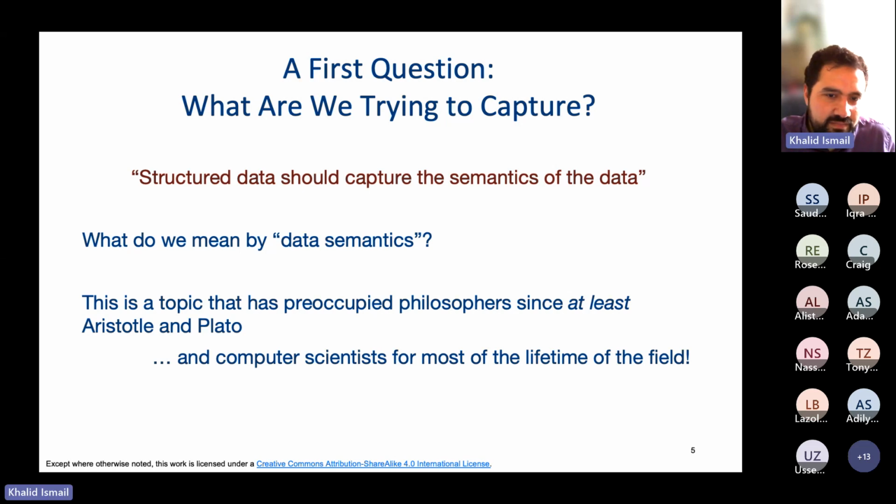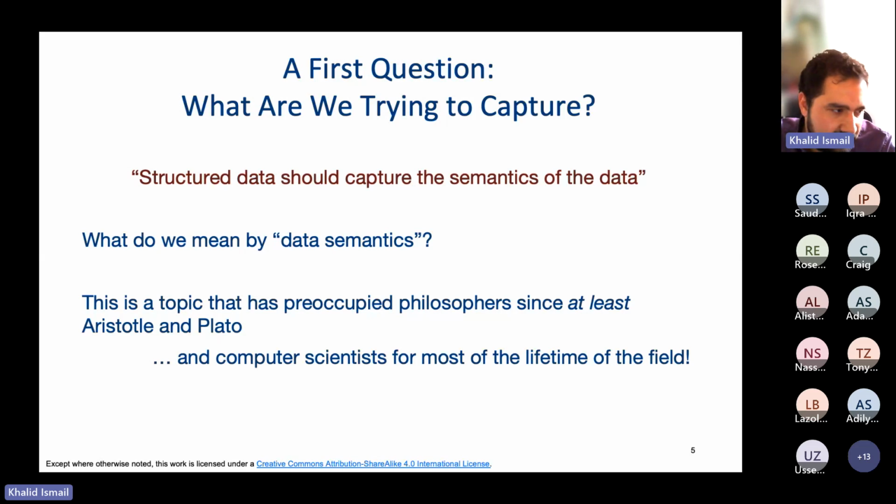The meaning of data semantics has preoccupied philosophers since at least Plato and Aristotle, and computer scientists for most of the lifetime of the field, trying to give a kind of meaning to that. So you should not worry about that too much.